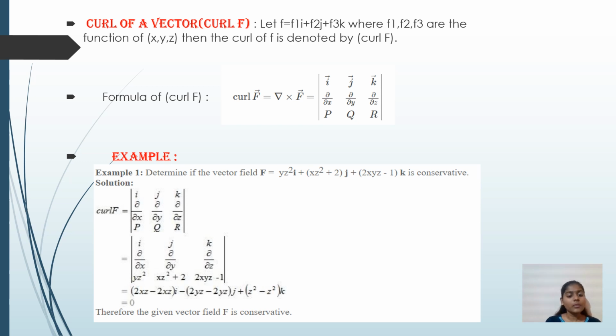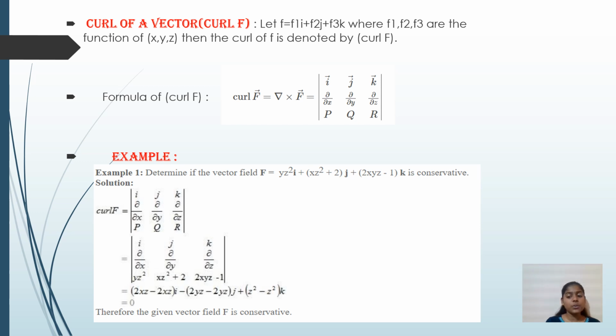Next, curl f is equal to the determinant with rows i j k, ∂/∂x, ∂/∂y, ∂/∂z, where p is yz square, q is xz square plus 2, and r is 2xyz minus 1.